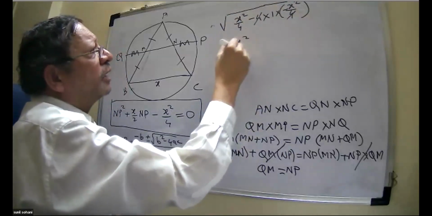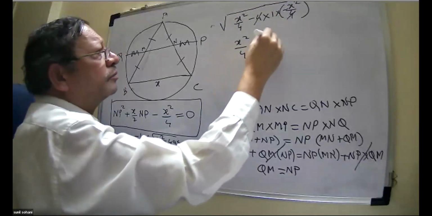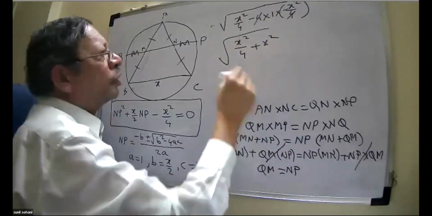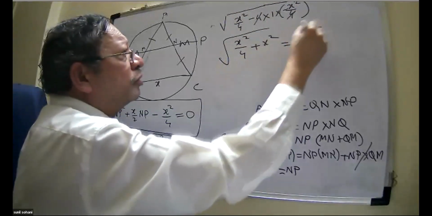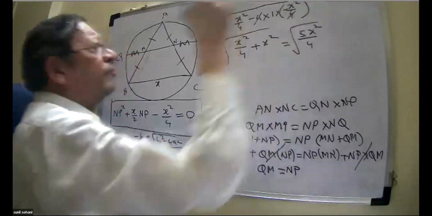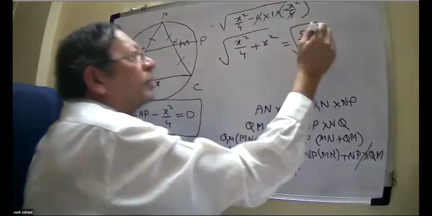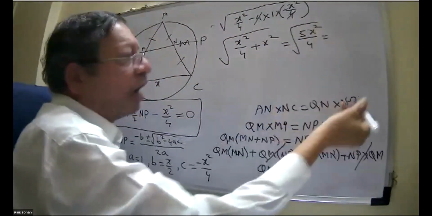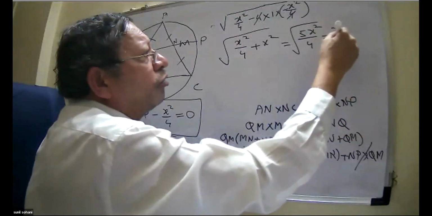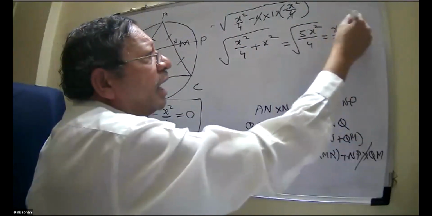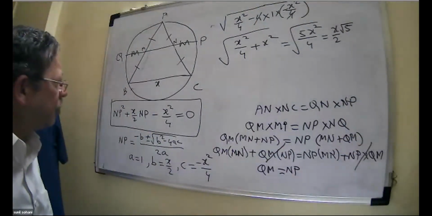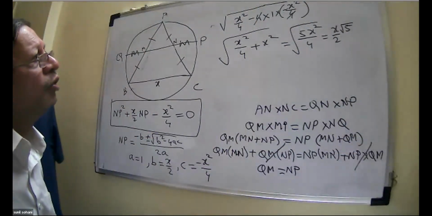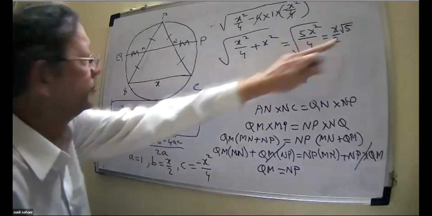So here I'm getting x square upon 4 plus x square. If I simplify fractions, I will get 5x square upon 4 under root. So I can take x upon 2 out of the square root sign and I leave 5 inside the square root. So this was b square minus 4ac. The square root of b square minus 4ac gave this result.